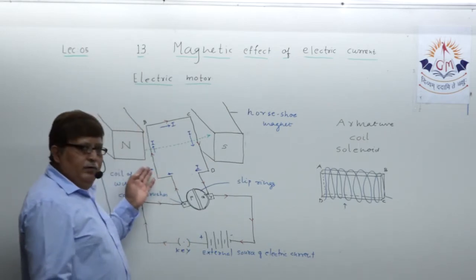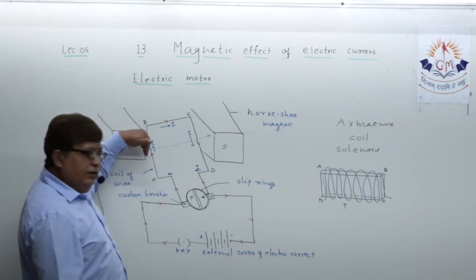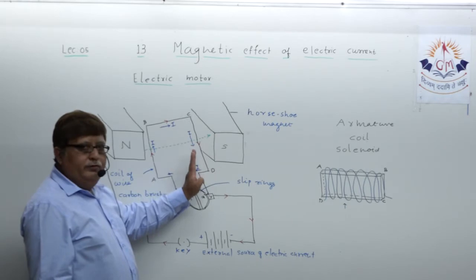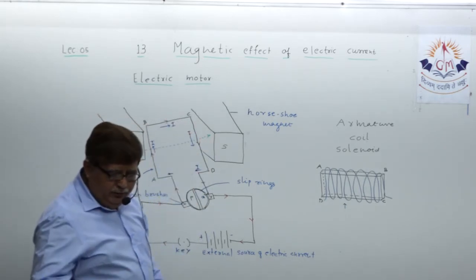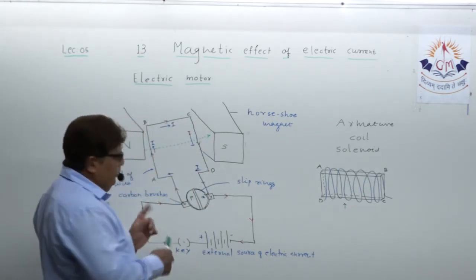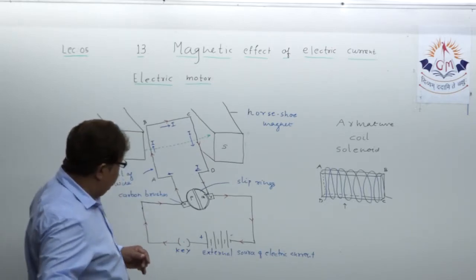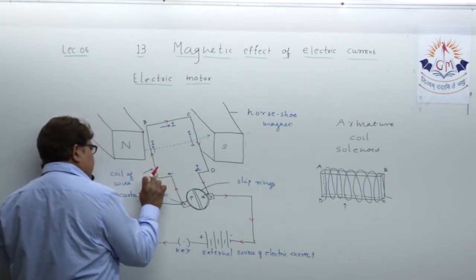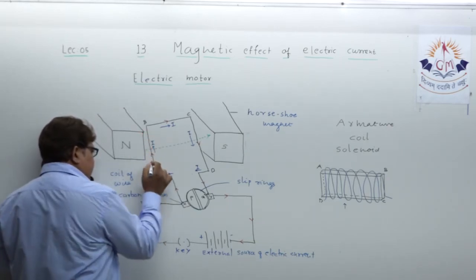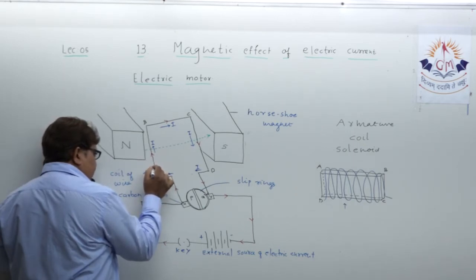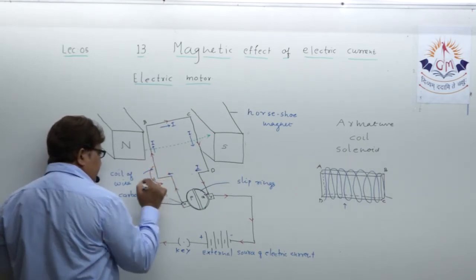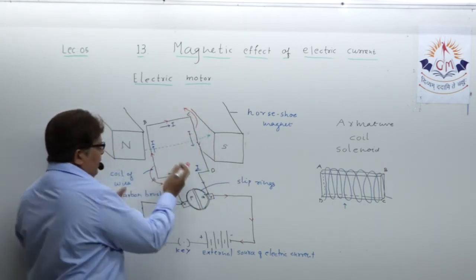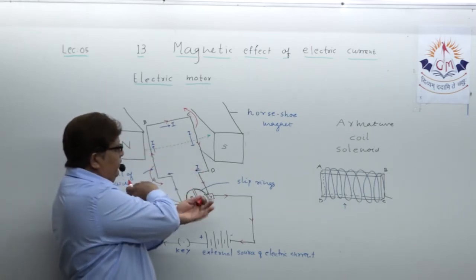Means on one edge the force is working downward, so on this end the force is acting upward. So actually what happens, dear student, try to understand this. Because of the direction of electric current in this way, AB will be pulled downward and CD will be pulled upward.